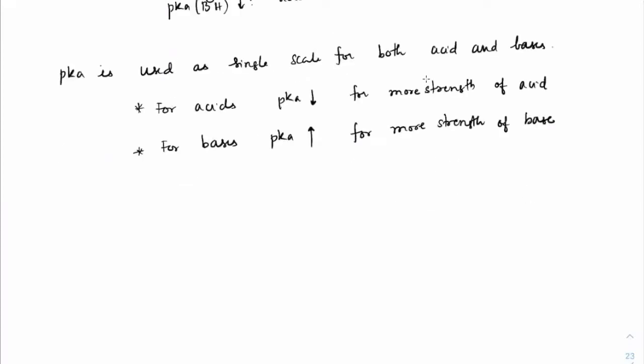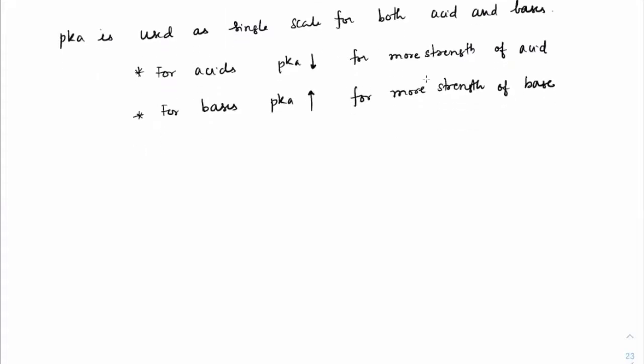Now suppose you are checking lone pair ability, got it? For example, if you take B plus H3O+ giving BH+ plus H2O. This is how it is.